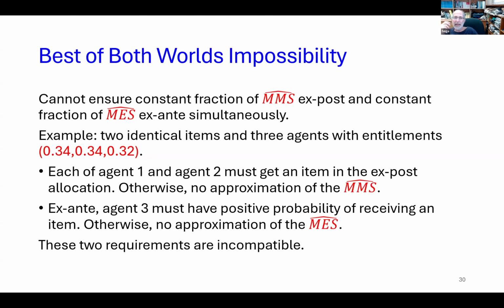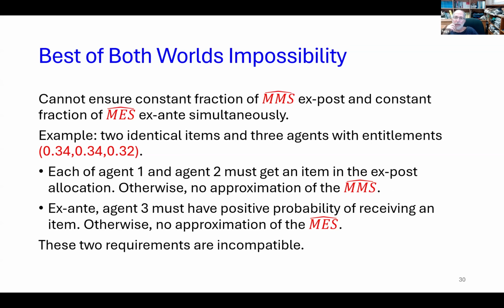Those with entitlement slightly above 1/3 get their entitlement rounded up to half. So each one of them thinks she's entitled to 1 item in every ex post allocation. Otherwise, there's no approximation to her MMS hat. Whereas agent 3, at least ex ante, says, I should have positive probability of receiving an item because my entitlement is positive, non-zero.